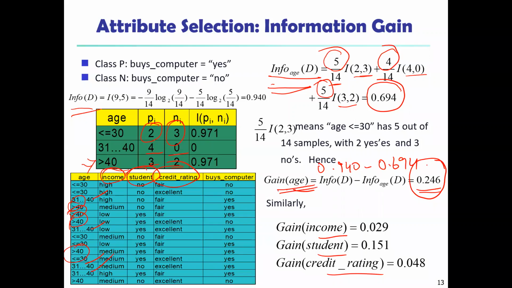Why? Because it has the highest information gain, right? All the branches are grown for each attribute value, and tuples are partitioned as shown in the previous diagram. So age is going to split into three different values: less than or equal to 30, 31 to 40, and greater than 40.